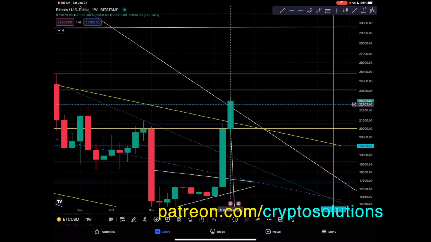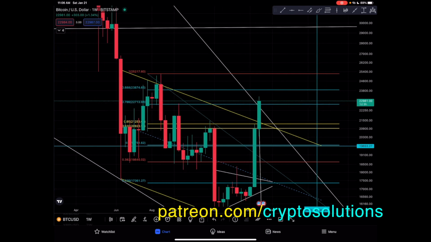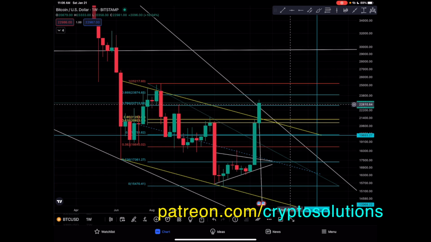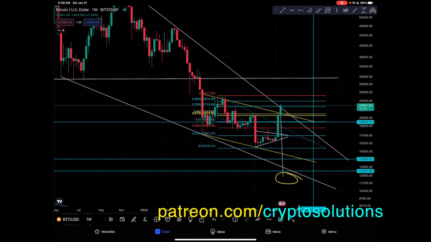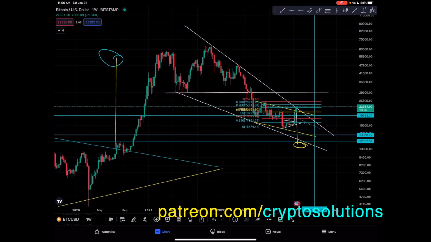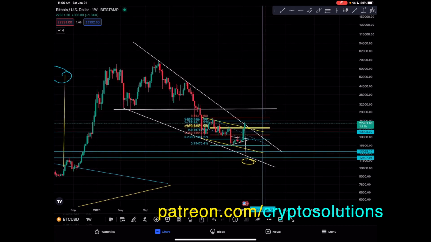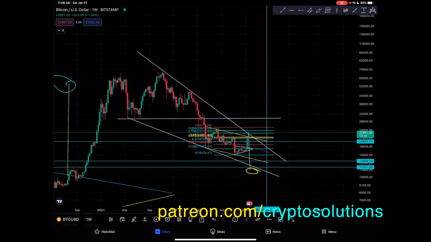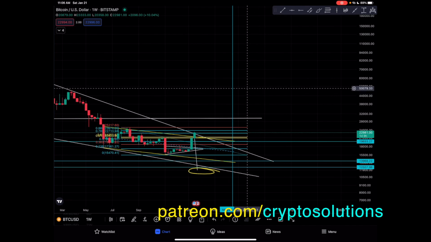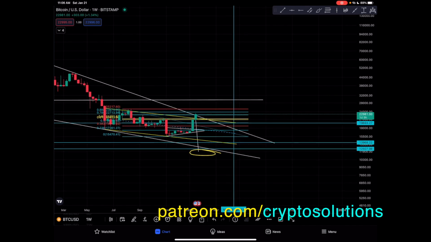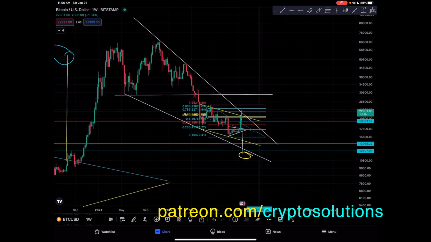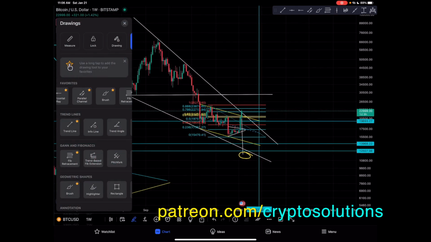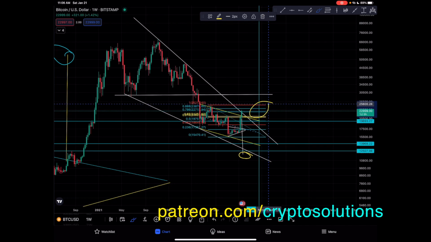And also, it would be better if it can stay above that $22,713.94. That is the potential bullish scenario right there. Okay. And one more thing, guys, right here. This vertical blue line, like I already mentioned before, this is the total solar eclipse. And I already mentioned this. The Bitcoin bottom would be before this time frame.